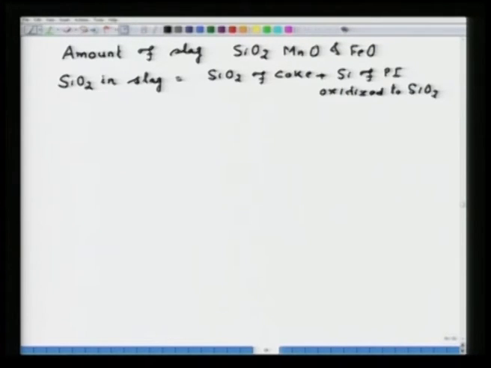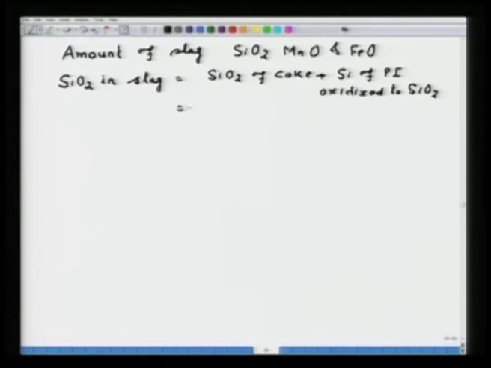And there is no other source from where SiO2 is entering the slag. So, if we calculate all these things, we get SiO2 in slag, that will come out to be 5.96 kg.